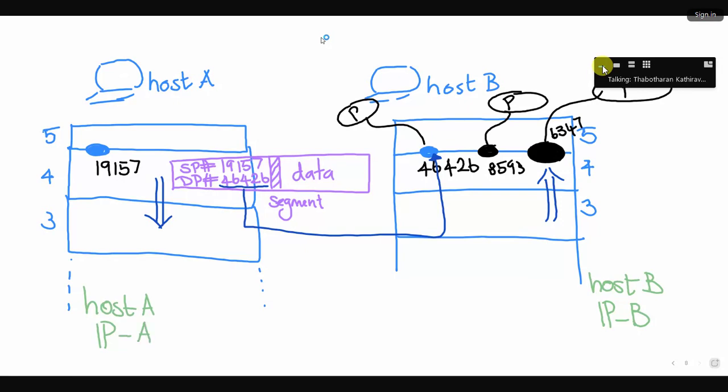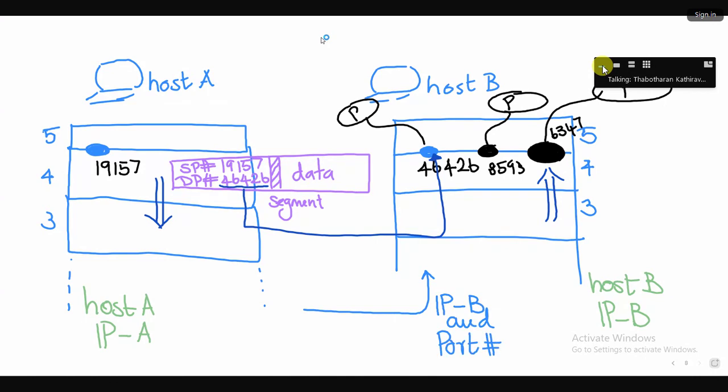So when data arrives, the segment will be identified by the IP address and the socket number or port number.